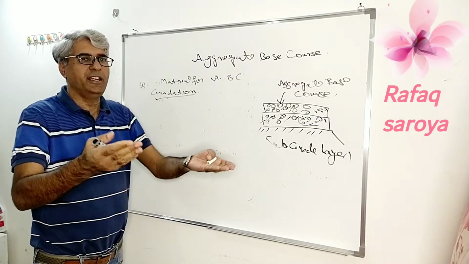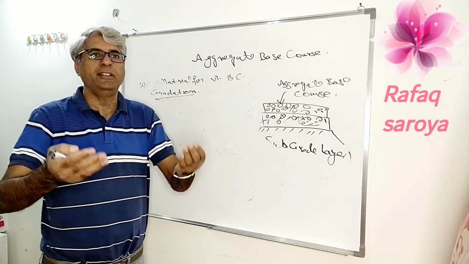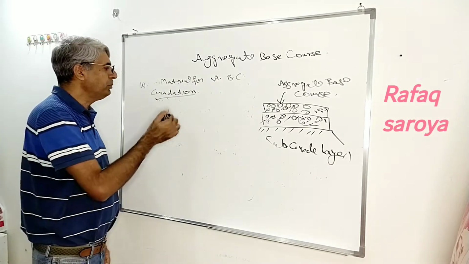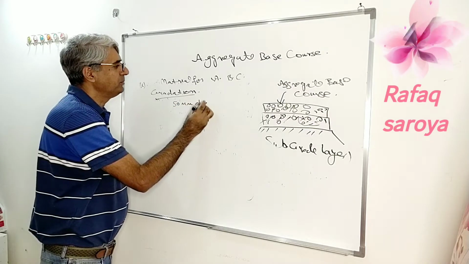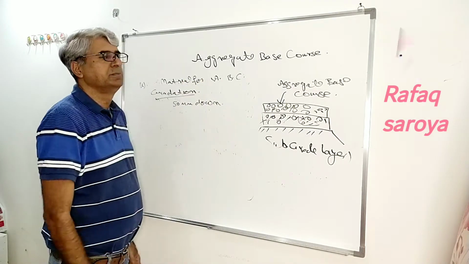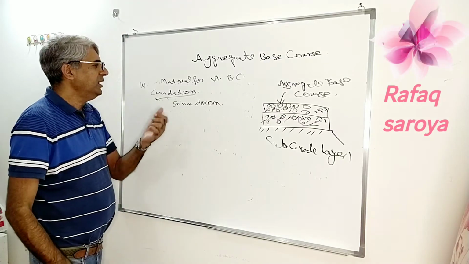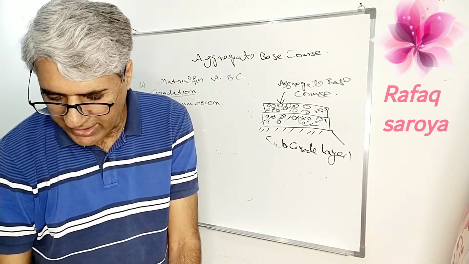That is, what gradation is acceptable for our project, because gradation plays a vital role for the strength of this material. As I have already written, mostly 50 mm down material is accepted.